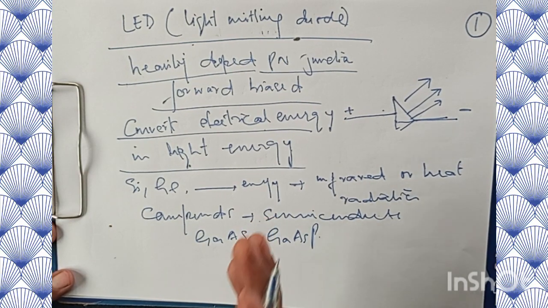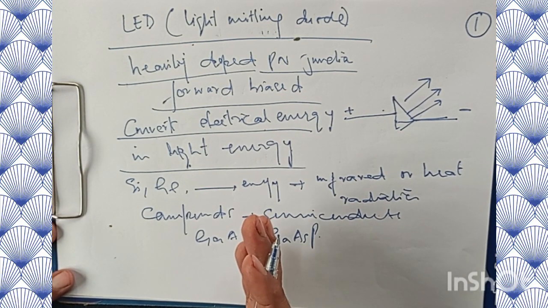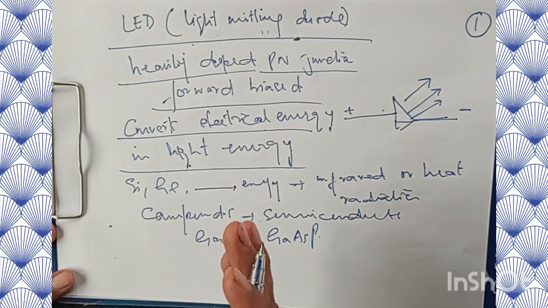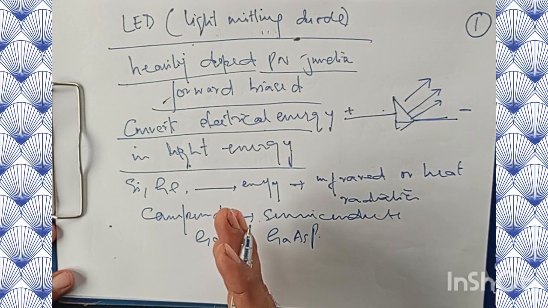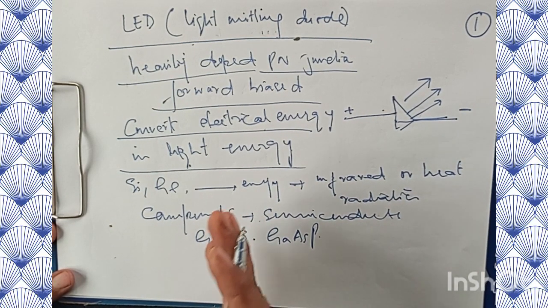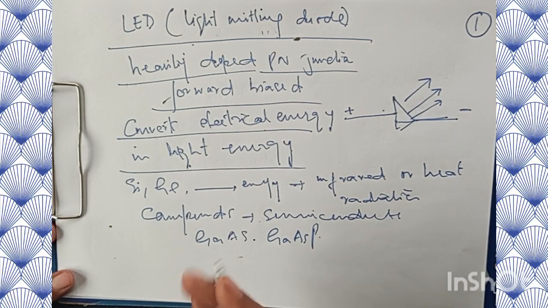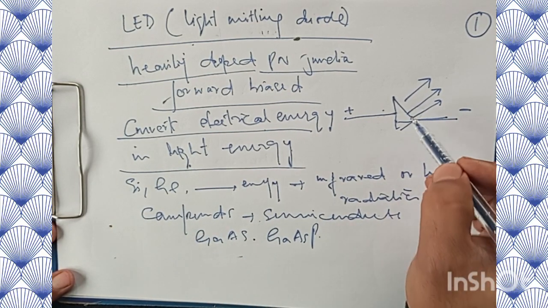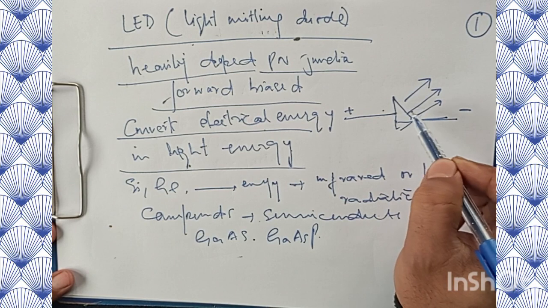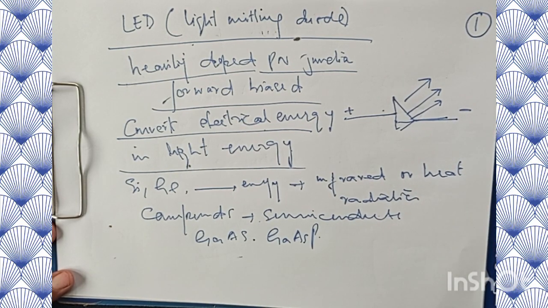So you have to have the right combination of the elements present in the crystalline network, where the radiation that's being emitted by this PN junction should fall in the visible spectrum.